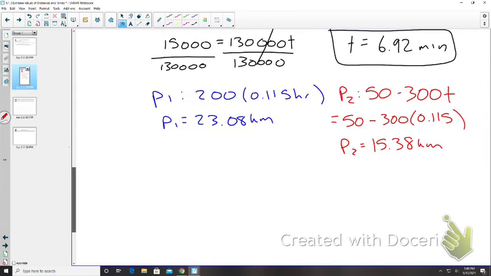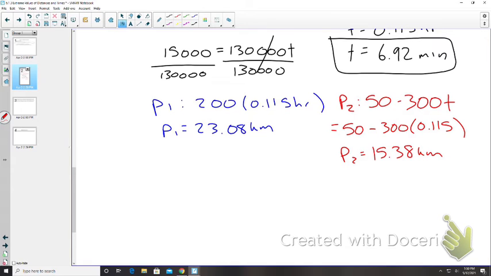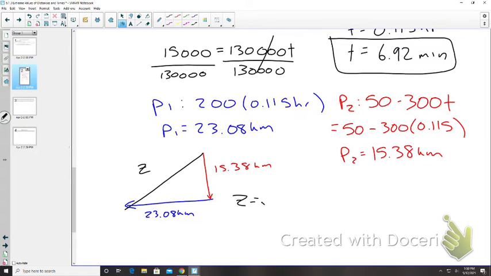Now again, we want to find the distance between those planes, so this is our last step here. We need to find the hypotenuse between the two, right? So we know this one plane has moved 23.08 kilometers west, and this other plane has moved 15.38 kilometers south. So we want to find our z here. Okay, so one more Pythagorean theorem. So z is equal to the square root of a squared plus b squared, so 15.38 squared plus 23.08 squared.